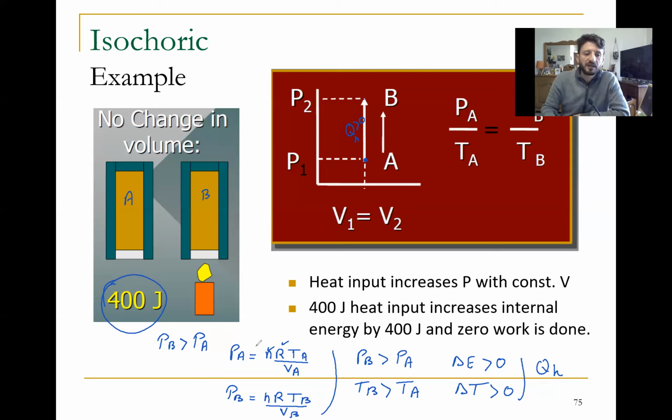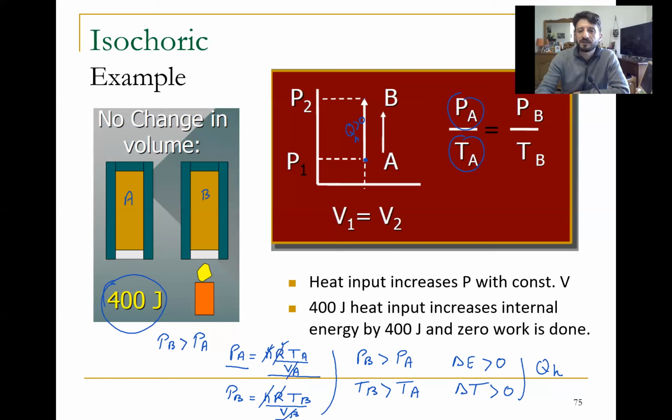Okay? Here we can divide PA by PB, this one by this one. We have n, R, VB equals VA. We get finally PA divided by TA equals PB divided by TB.